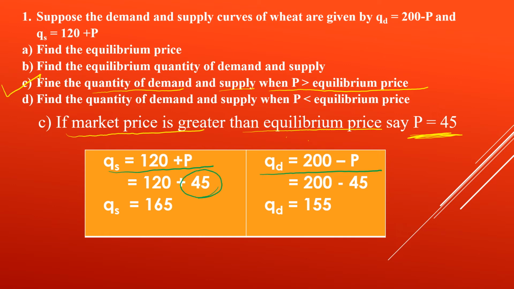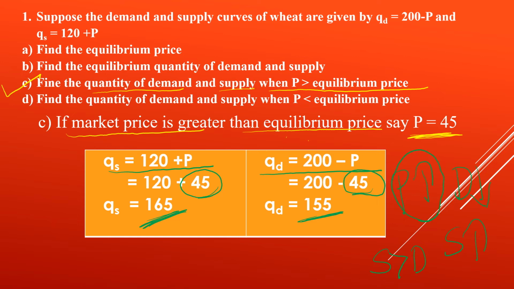Substitute the value in the place of P. Here 120 plus 40 you will get 160. 200 minus 40 you will get 160. As price increases, demand decreases but supply increases. That means supply is always greater than demand when price is greater than equilibrium price.